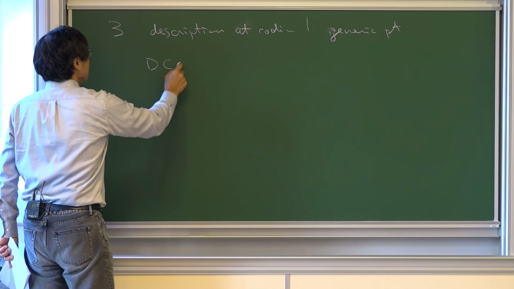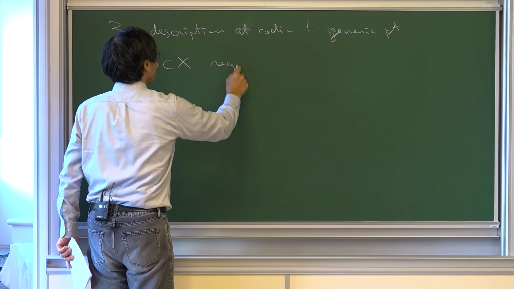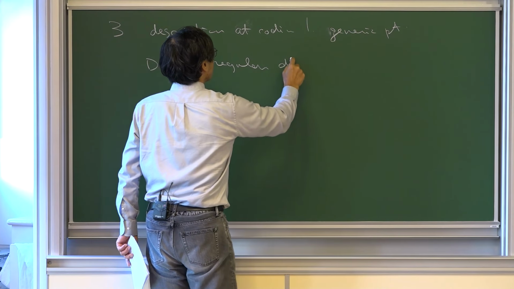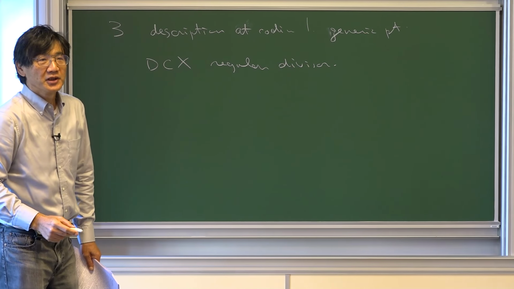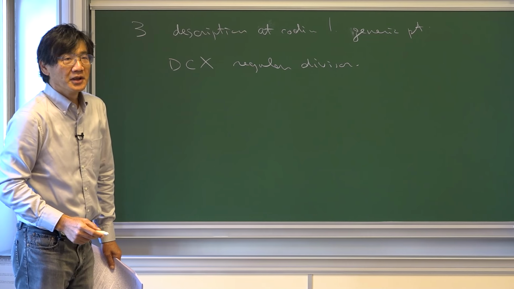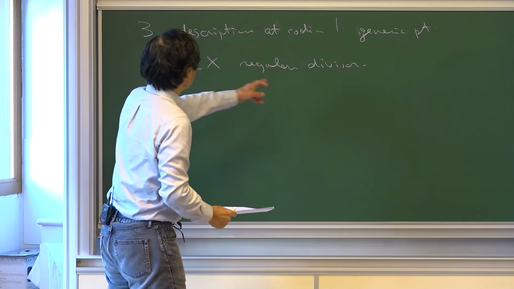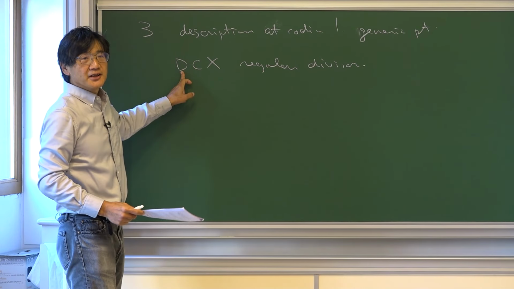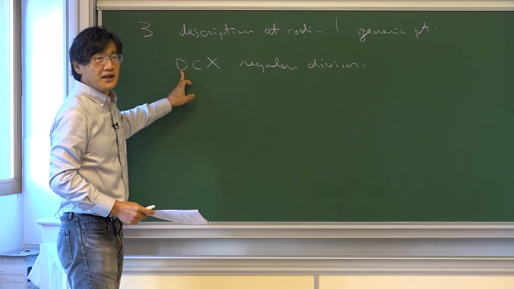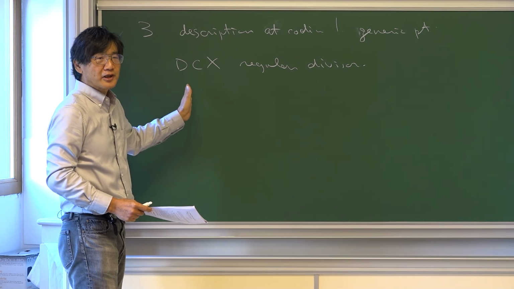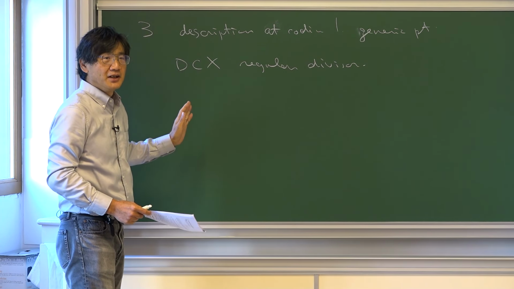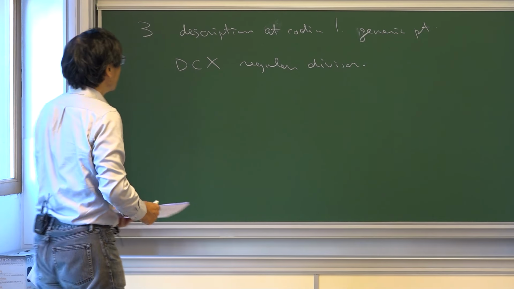Suppose D is a regular divisor, the generic point of a divisor in the characteristic p fiber.